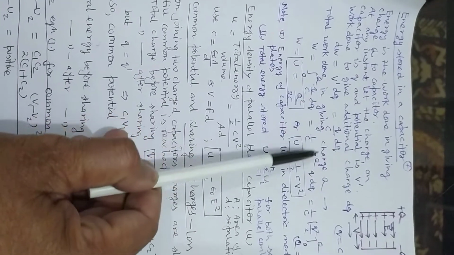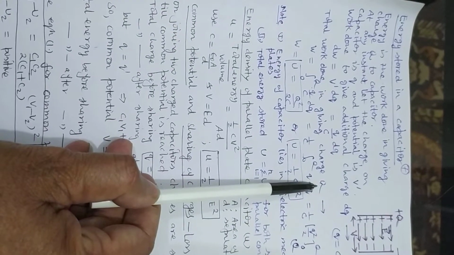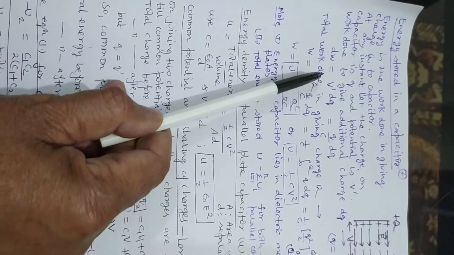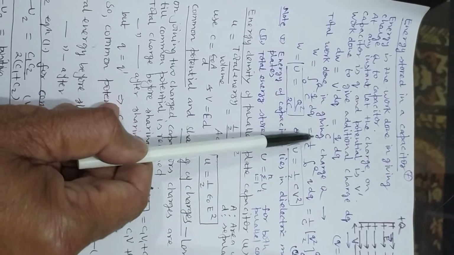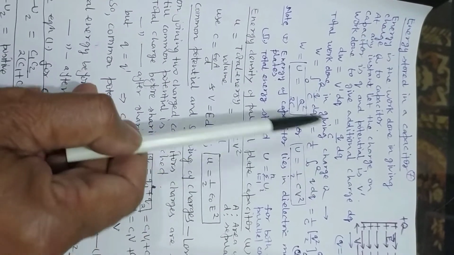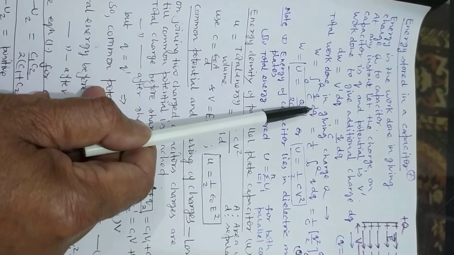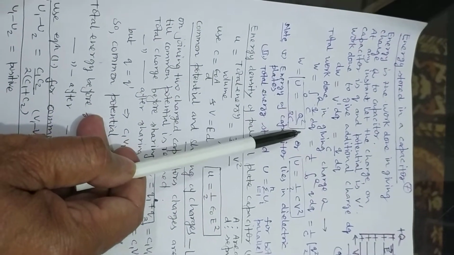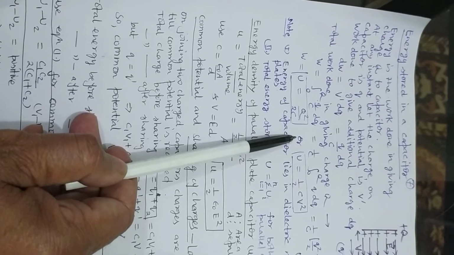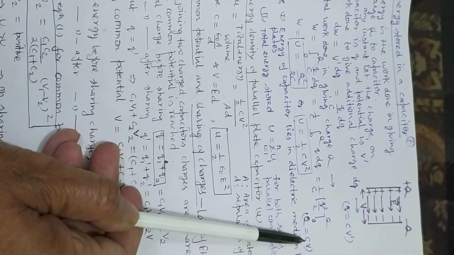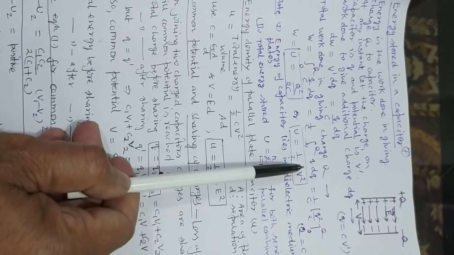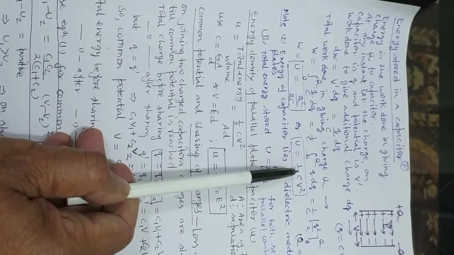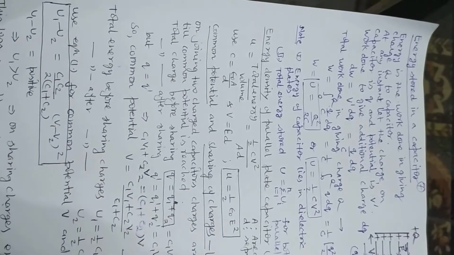And to give the total charge capital Q, we will have to integrate this work done. So total work done in giving charge capital Q, integrating, we will have Q square upon 2C, or since Q is equal to CV we can write, we will also have for the energy 1 by 2 CV square.